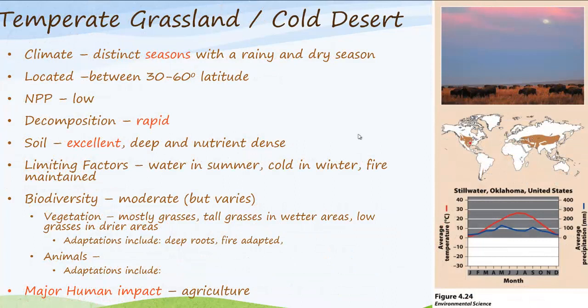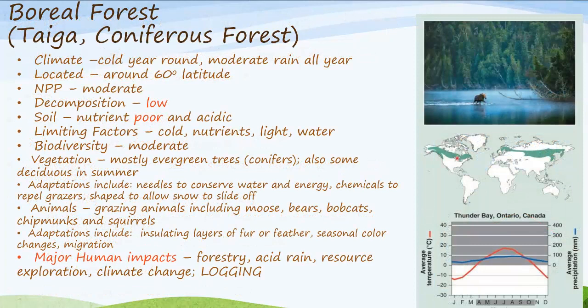Temperate grassland or cold desert. So look where a temperate grassland might be. And these maps are so tiny, it's hard, but here's what a temperate grassland looks like. Look at the climate graph. Boreal forest or taiga, which is coniferous, lots of coniferous trees.